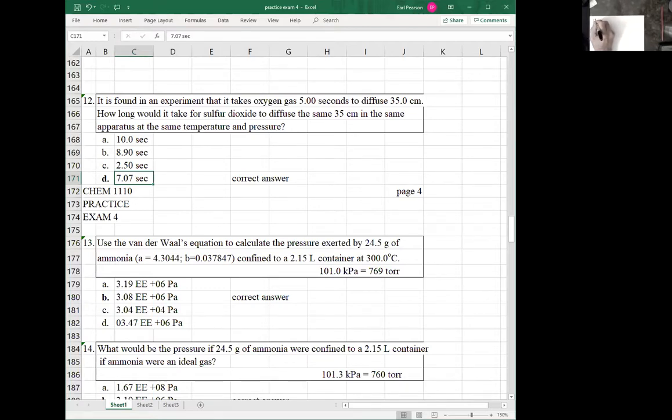We're doing number 13. The van der Waals equation is P plus A times N squared over V squared, all multiplied by V minus NB, equals NRT. Now, the first thing I'm going to do is see which of the 2 possible things I could solve for is being asked in this problem.